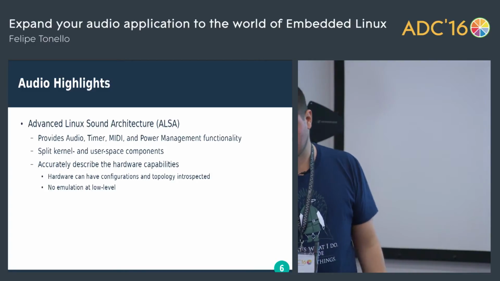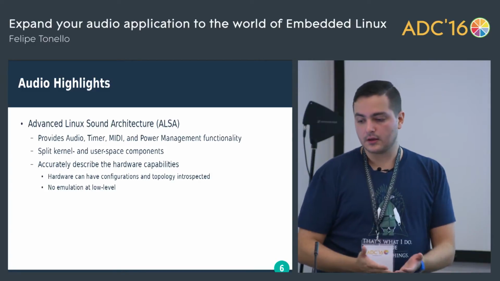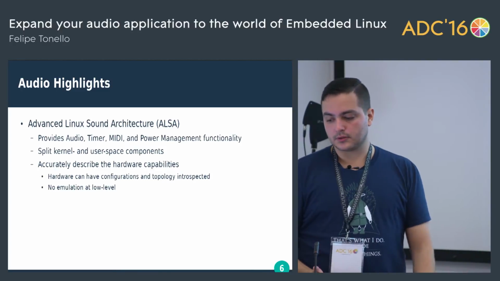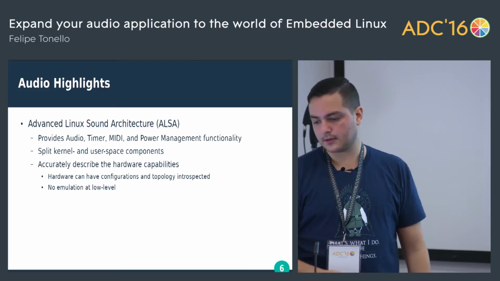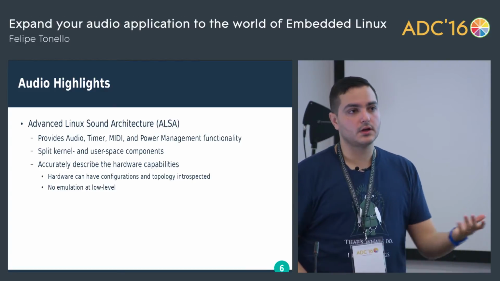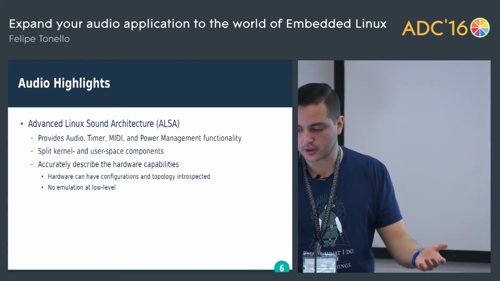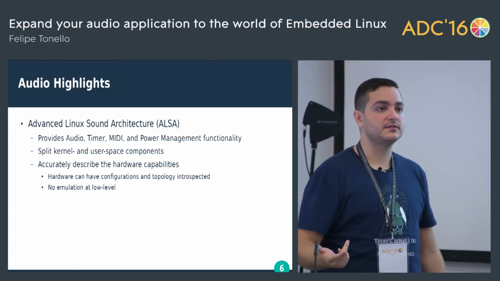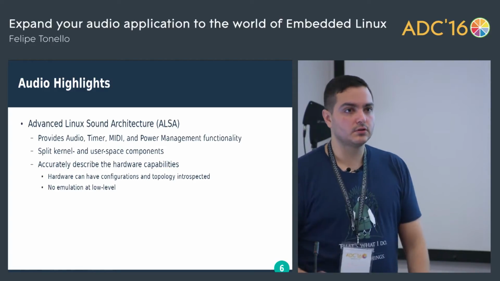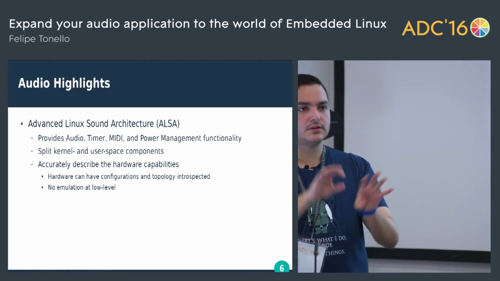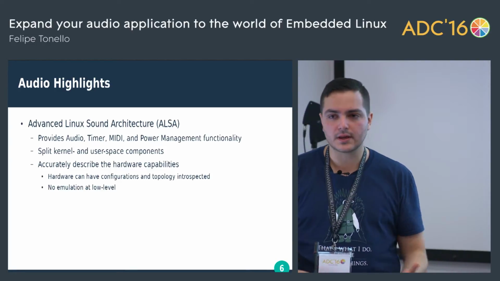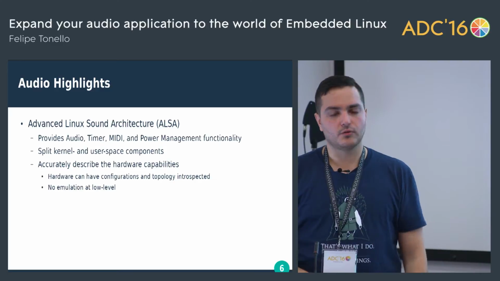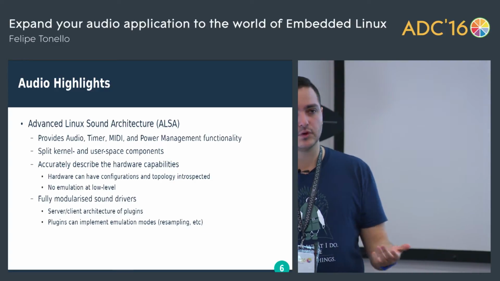As one example, you can ask what the hardware supports, and it will say, okay, it supports 2 channels, 16-bit for playback, and that other card supports 2 and 4 channels, 16 and 32 bits, but only 32 bits in 4 channels. It actually creates a map of configurations. It can be quite complicated if you want to handle that, but it's really powerful.